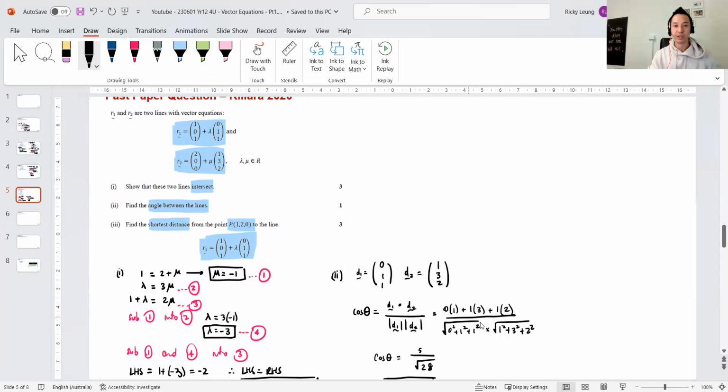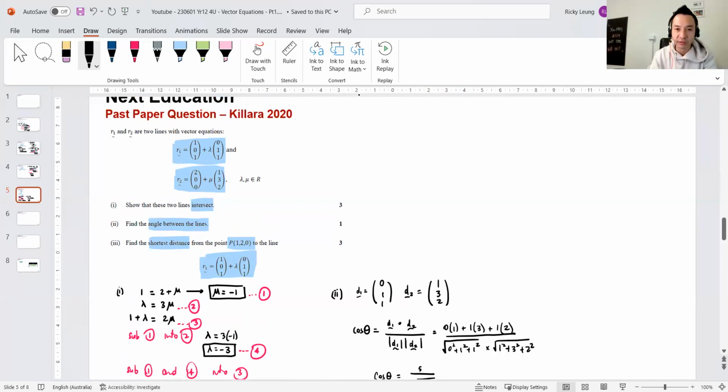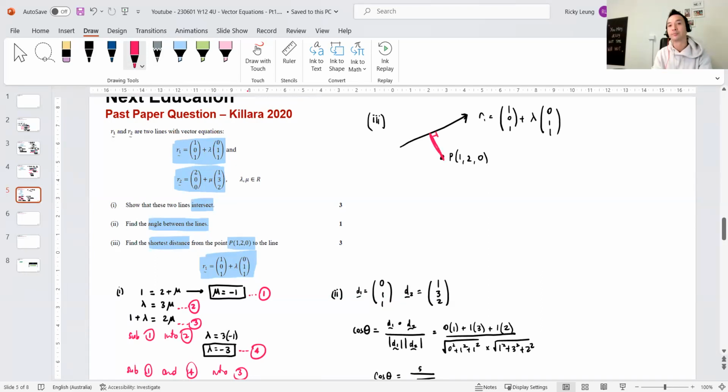If you depict any vector diagrammatically, so for part 3, in this case the vector is r1, which is (1, 0, 1) plus lambda (0, 1, 1), and there is a coordinate somewhere in space of (1, 2, 0), and they want the shortest distance, which is always the perpendicular distance.